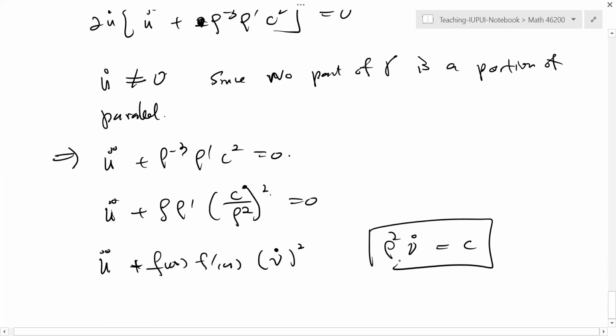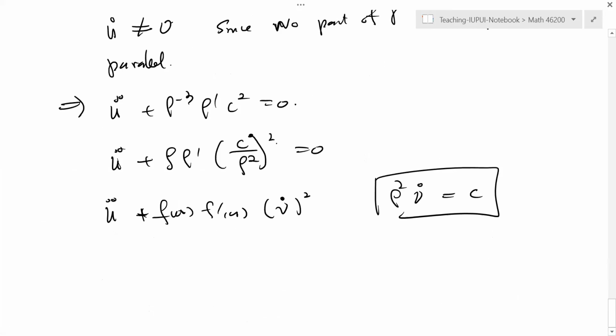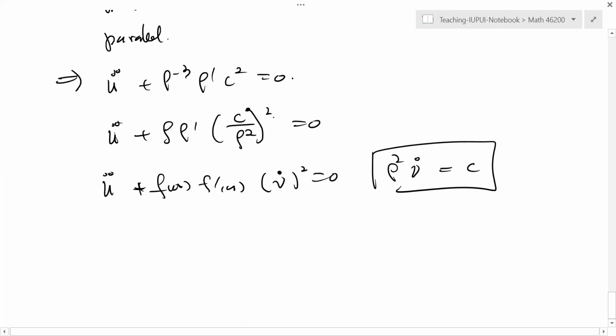We already have this. So this is the second equation. So basically, what we did here, therefore it is geodesic, because it satisfies the two equations.